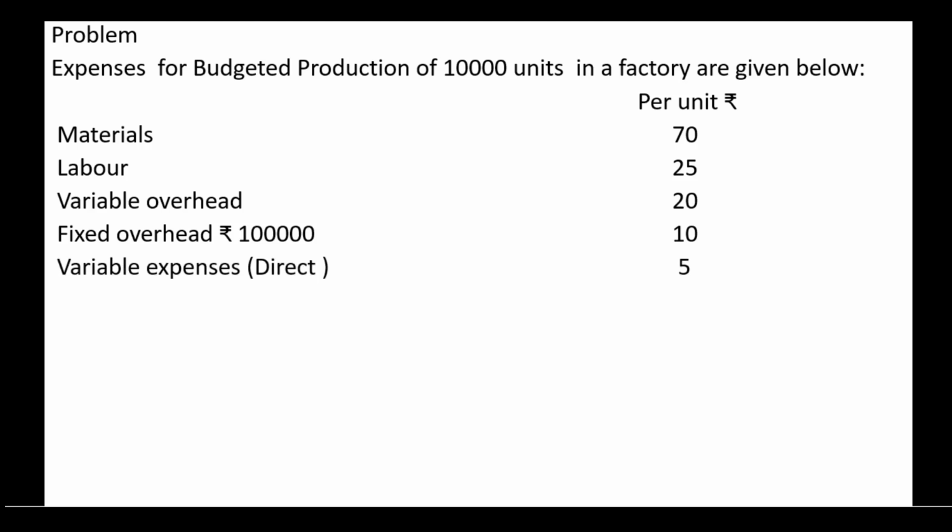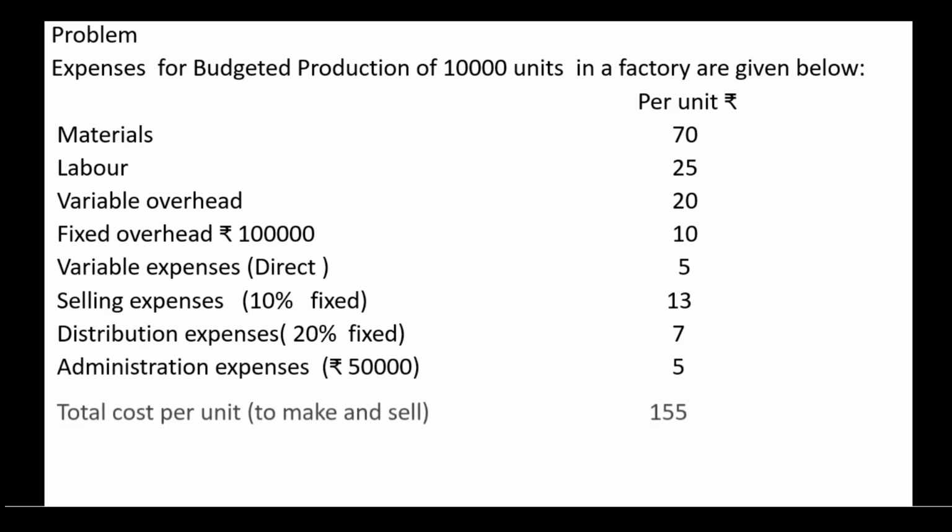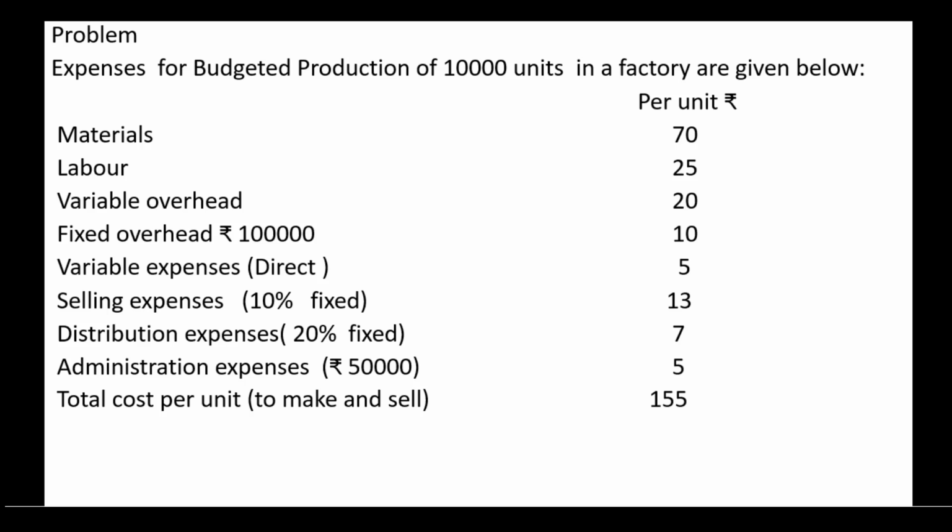variable expenses indirect per unit rupees 5, selling expenses, that is 10% fixed, per unit rupees 13, distribution expenses 20% fixed, per unit in rupees 7, administration expenses rupees 50,000, per unit rupees 5, total cost per unit to make and sell 155 per unit.